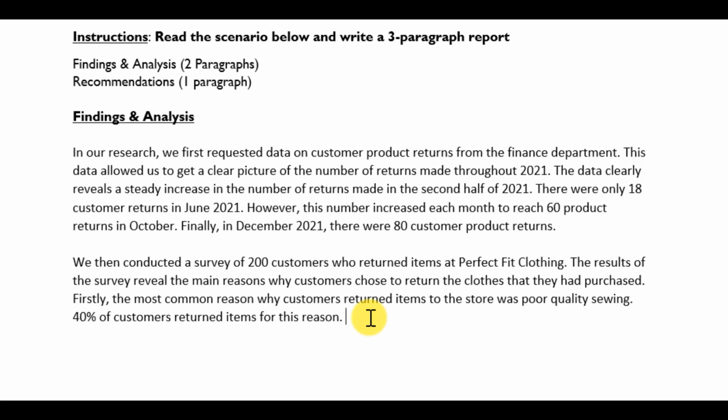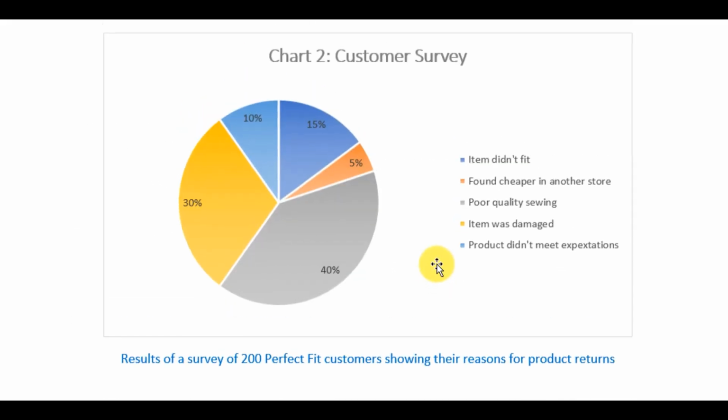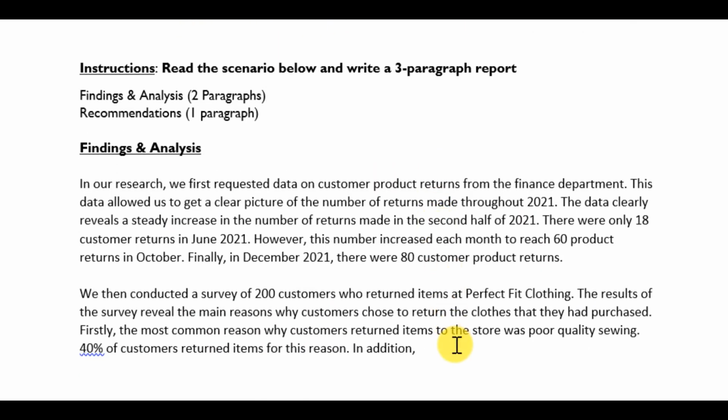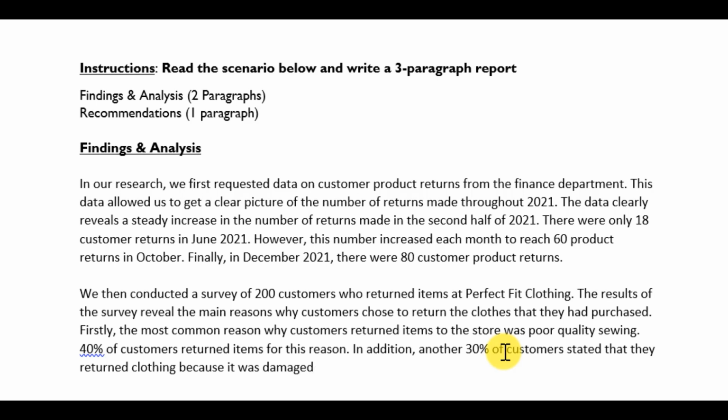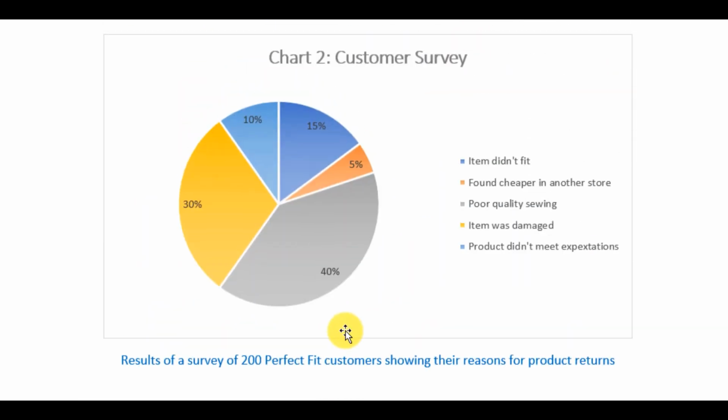Now, another one. In addition, what's next? 30% here. 30%, the item was damaged. So, in addition, another 30% of customers stated that they returned clothing because it was damaged. Full stop. Now, that's already 70% of the customers.